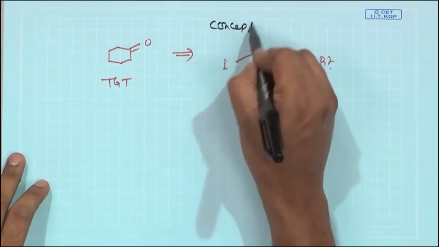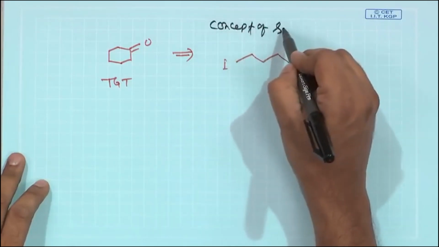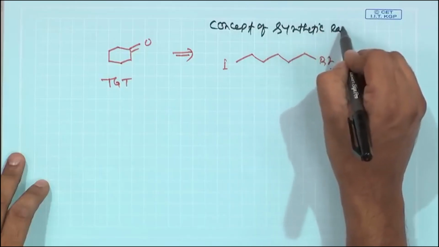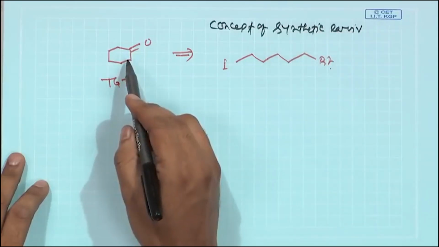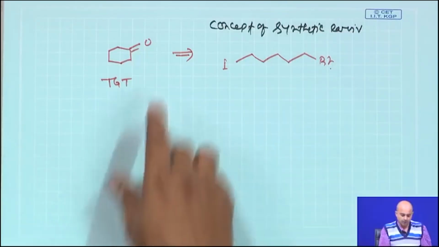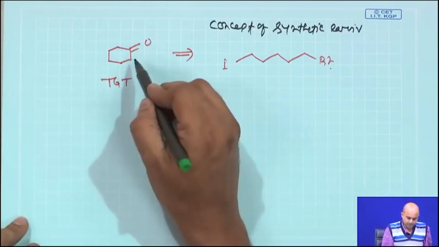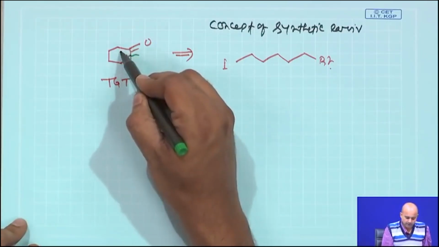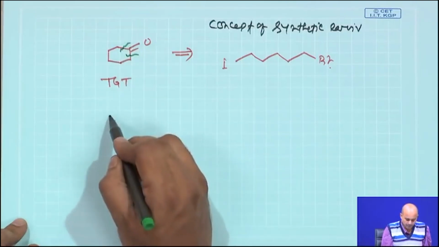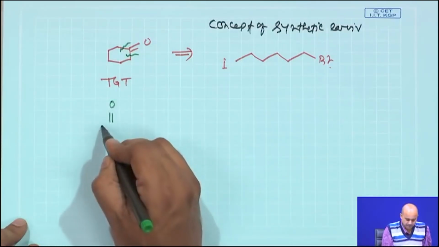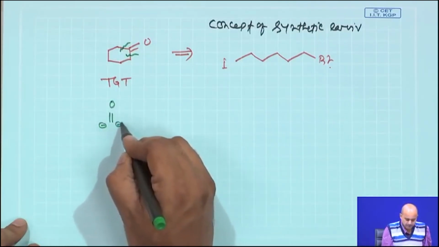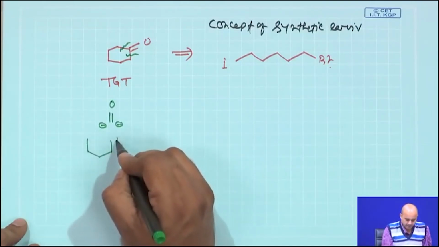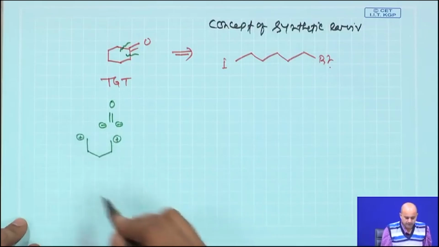This starting material has only carbonyl functionality, and based on this, if you disconnect here and here, you get a doubly charged species and this double electrophile.